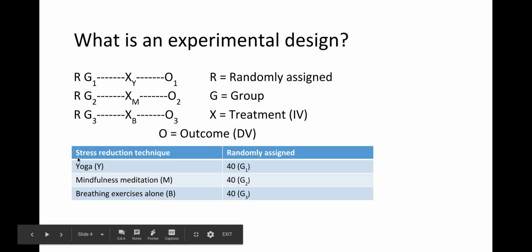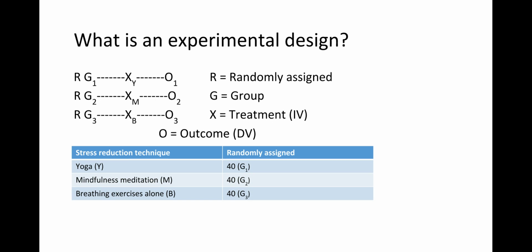You can study college student stress reduction techniques, and then you can create three different treatments. One is yoga, the other is mindfulness meditation, and the third is breathing exercise alone. You create the three different scenarios, and you randomly assign subjects into the three different techniques as the first group, second group, and third group.